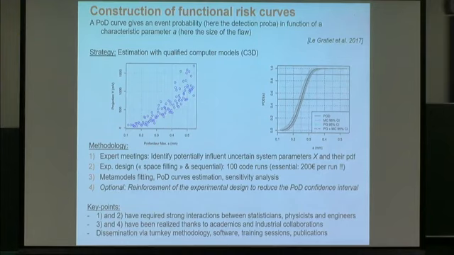For example, we usually say that when we want to build a metamodel, the number of runs is 10 times the dimension. So here the dimension is 7 or 8, I don't remember. So we said, okay, maybe 100 runs will be sufficient. But in fact, if 50 is sufficient, it's very important to know this.